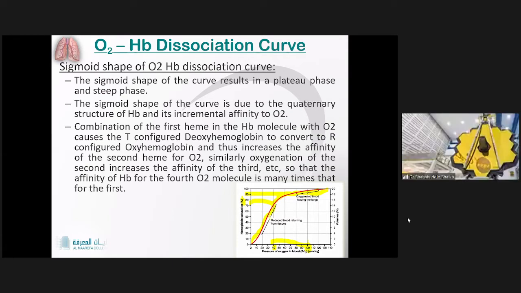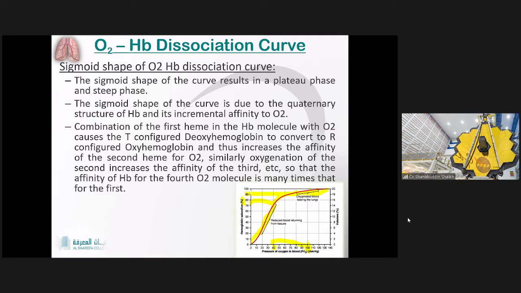So this is in the steep phase. Now, how much is given from 100 to 75? And how much is lost to the tissues? 25. 100 has become 75 in hemoglobin, so the remaining has gone to the tissue. Now the blood has come back to the vein. In the artery, saturation was 100; in veins, the pressure is 40 and saturation is 75.